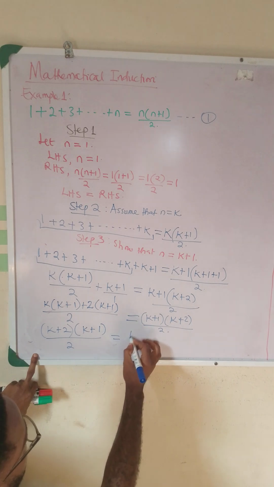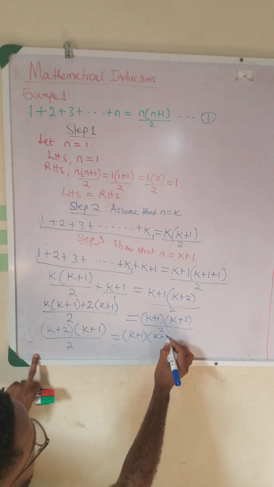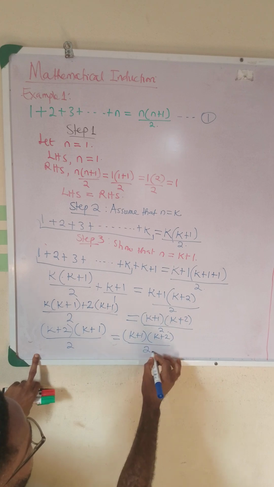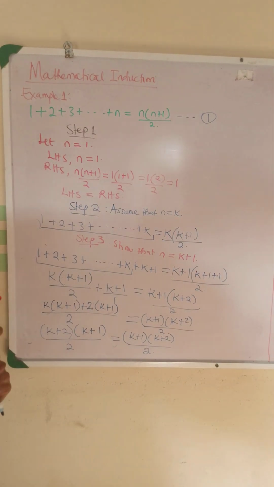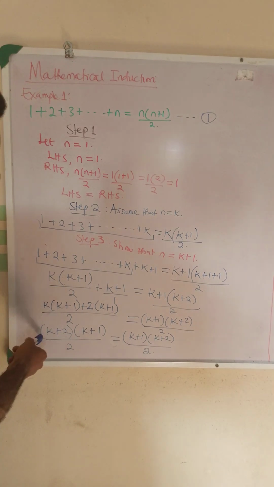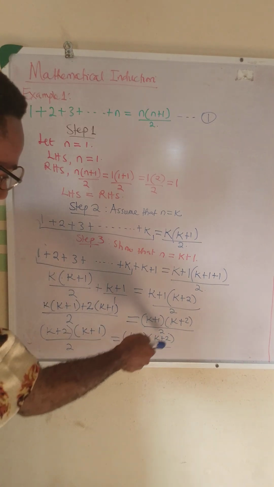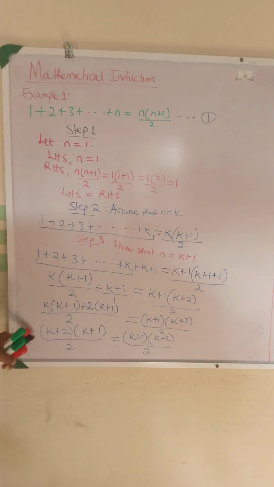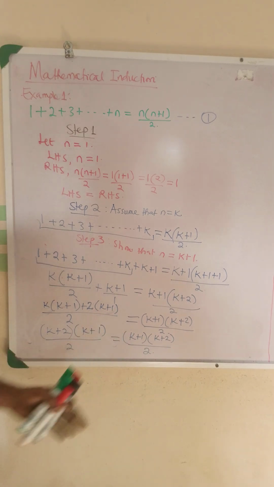This will be equal to k plus 1 into k plus 2, all divided by 2. So if you look at the left hand side, you'll notice that it is equal to the right hand side.